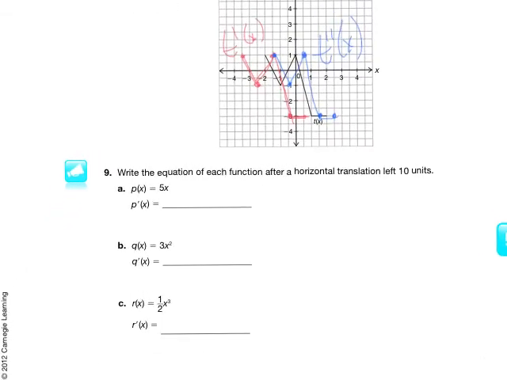All right, check this out, guys. Now you have to write a function of each that moves the translation 10 units left. So I don't know about you, but left means negative, which means I better add. So for number 9, it's going to be 5x.